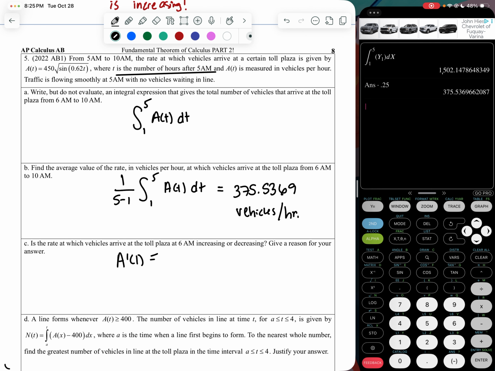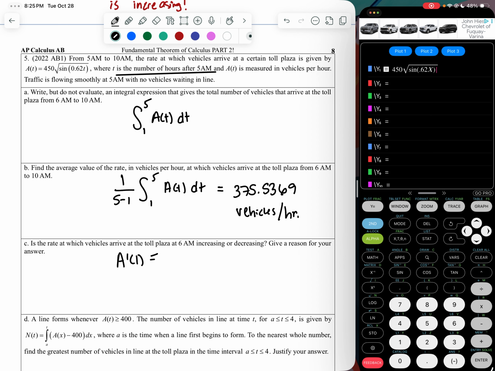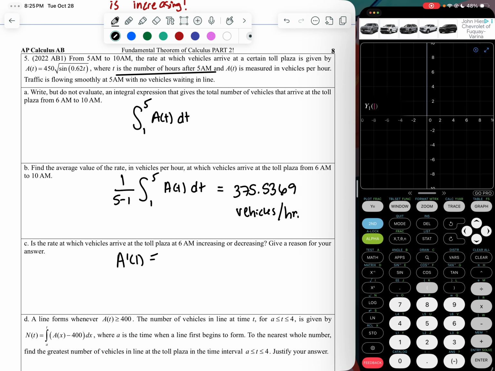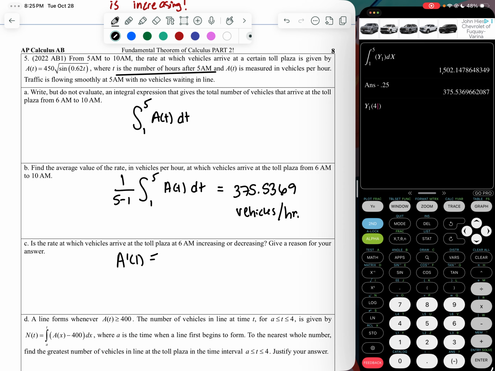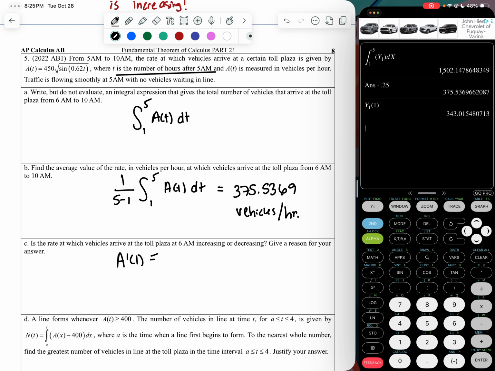All right, so I'm going to do alpha trace y1, 1. And that gives us 343.0154. Oh, wait, no, just kidding. Don't do that.